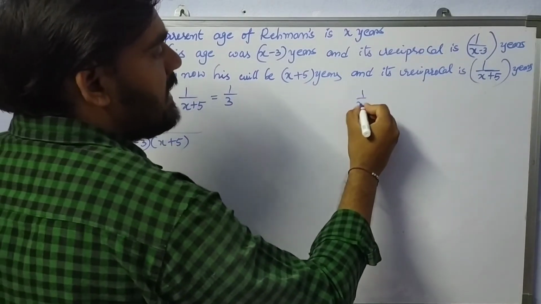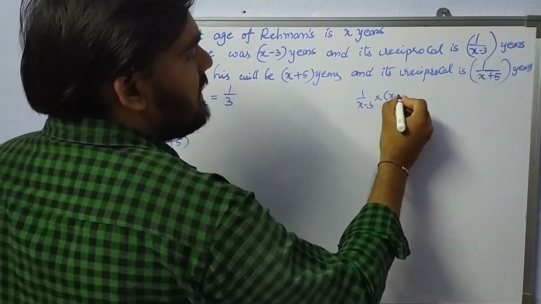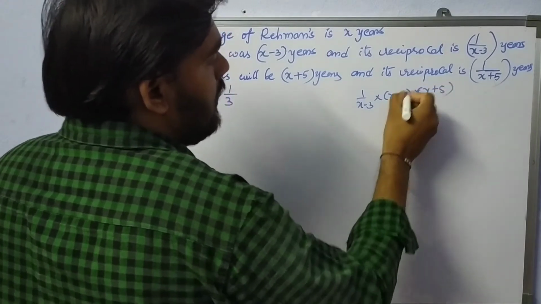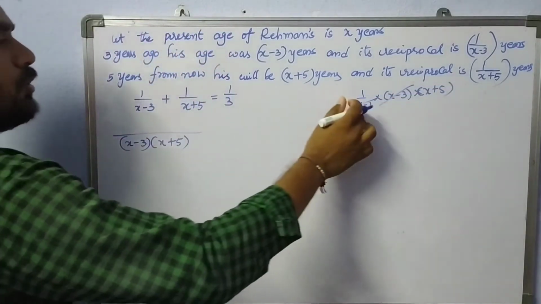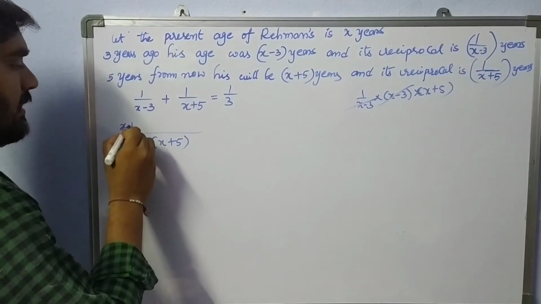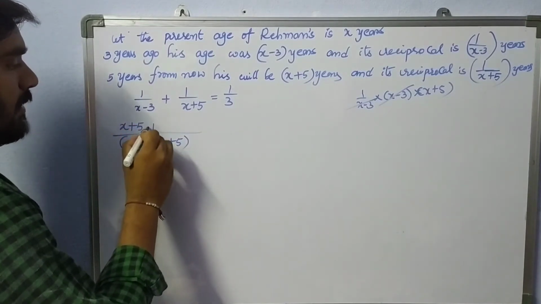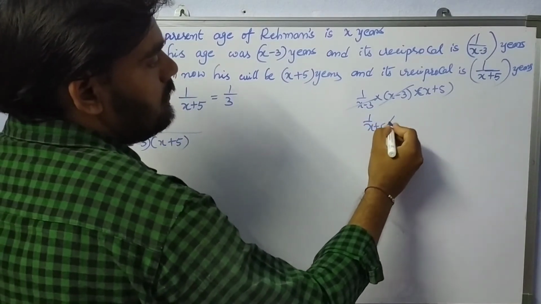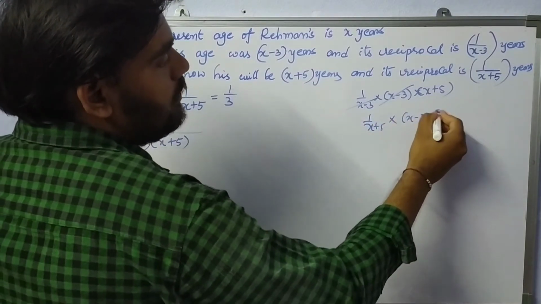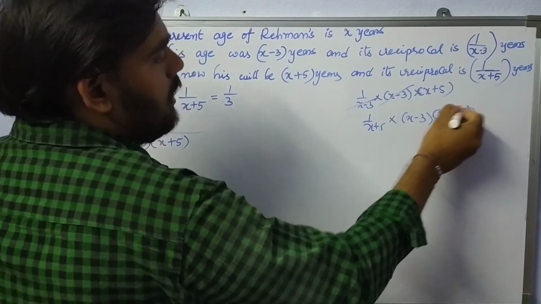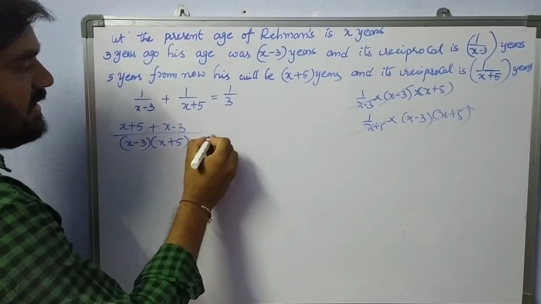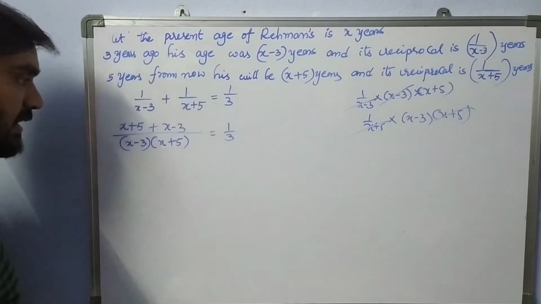Now these two things get cancelled, so we will get x plus 5 plus 1 by x plus 5 into x minus 3 into x plus 5. Now these two things get cancelled, so we will get x minus 3 is equal to 1 by 3.